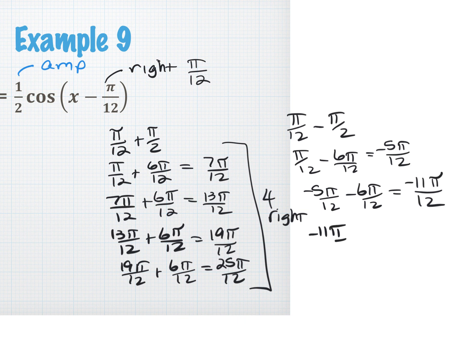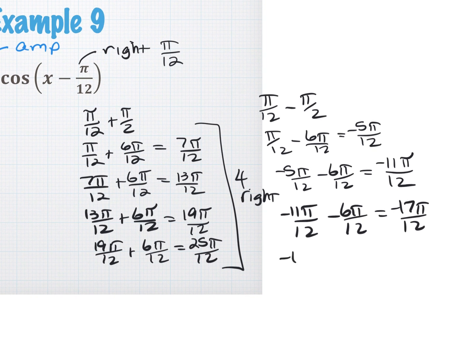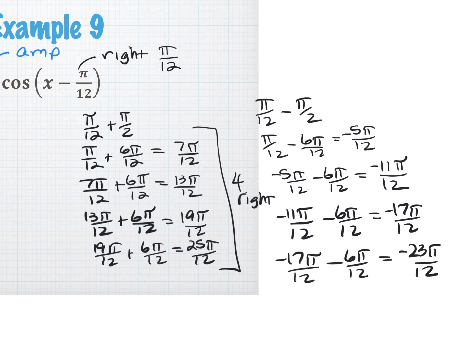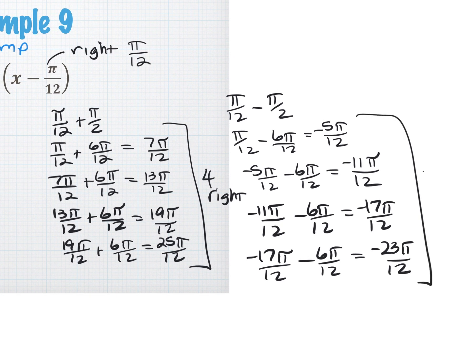Negative 11 pi over 12 minus 6 pi over 12, negative 17 pi over 12. One more, negative 17 pi over 12 minus 6 pi over 12, negative 23 pi over 12. Now I have my 4 points to the left.